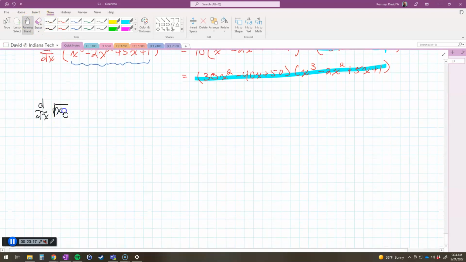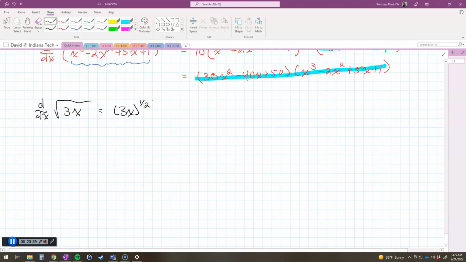Well, let's not do the square root of x. Let's do the square root of 3x. So I mean, this looks like it shouldn't be hard to do. And it's really not, but this would be using fractional exponents. This would be 3x to the 1/2 power.